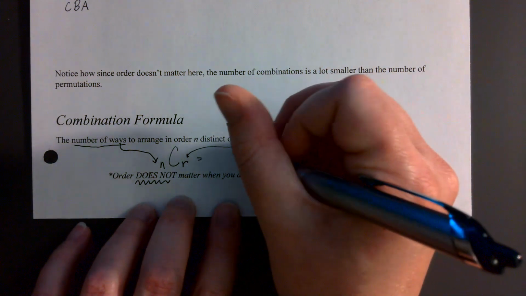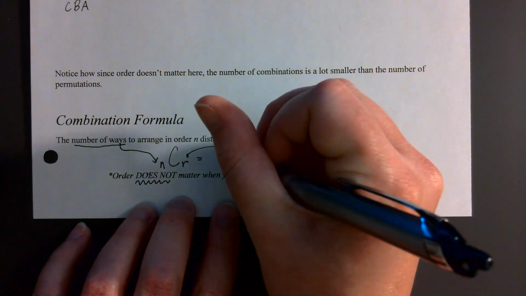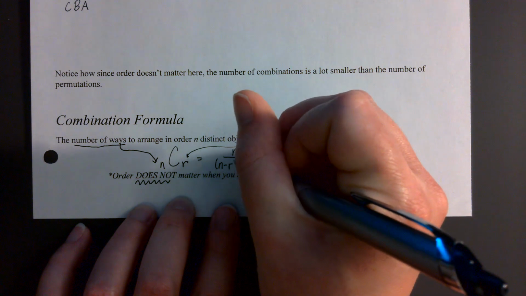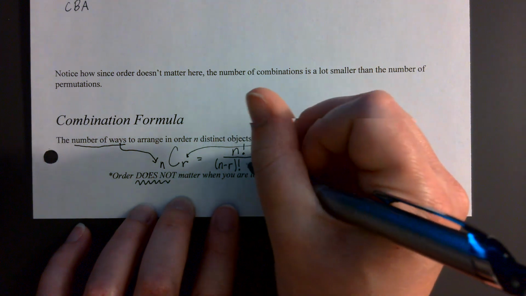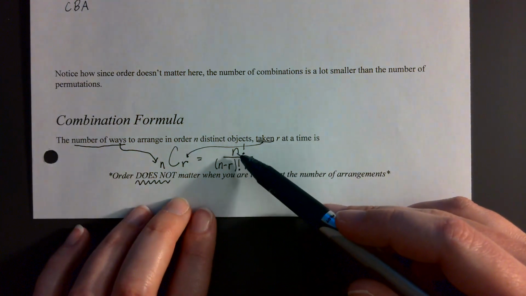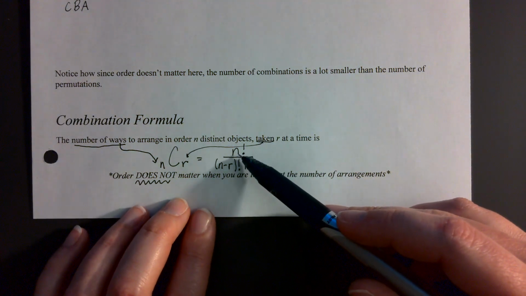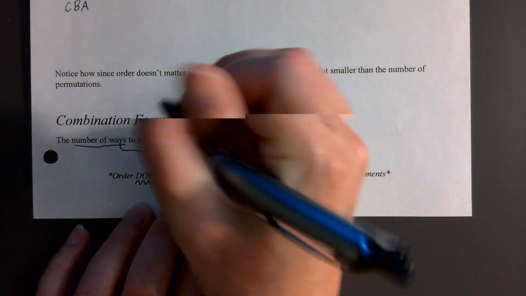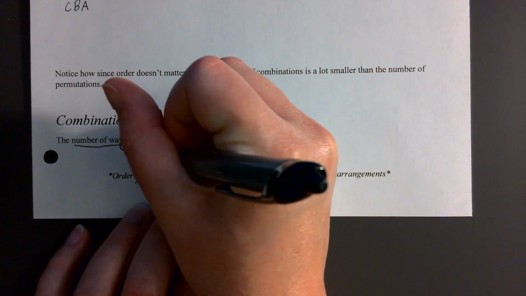Our formula is n factorial over n minus R factorial times R factorial.